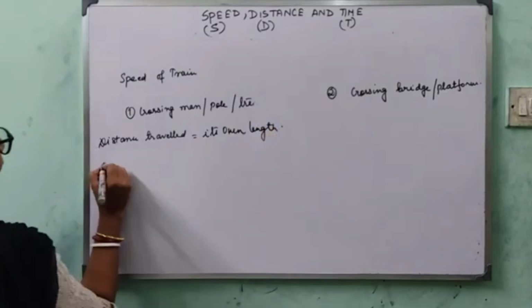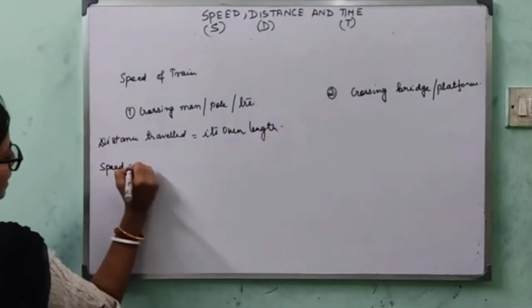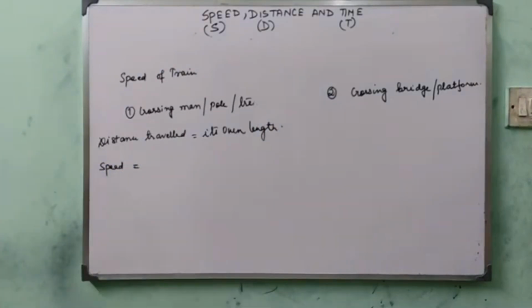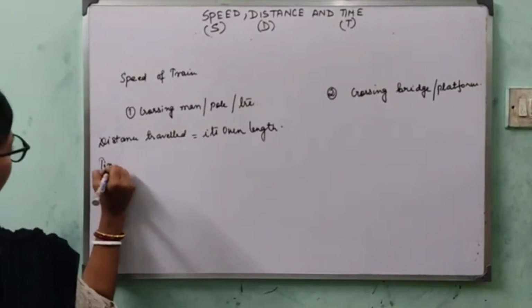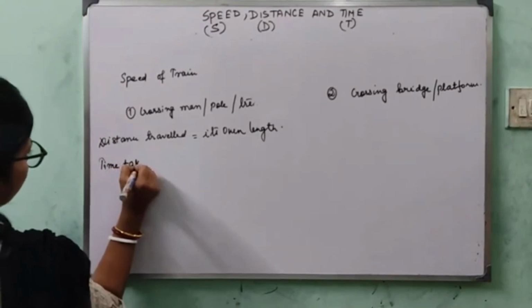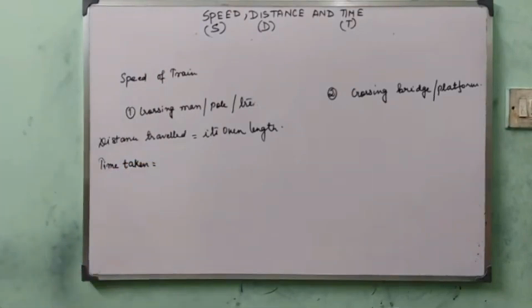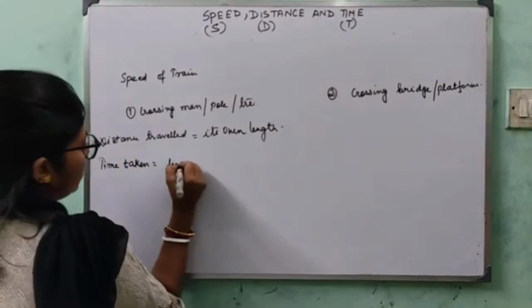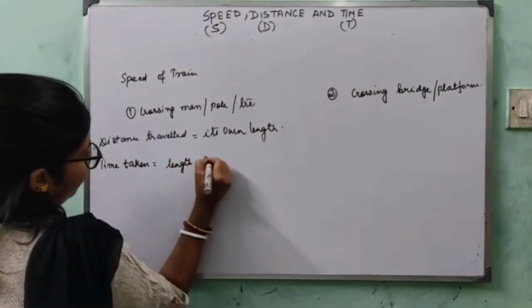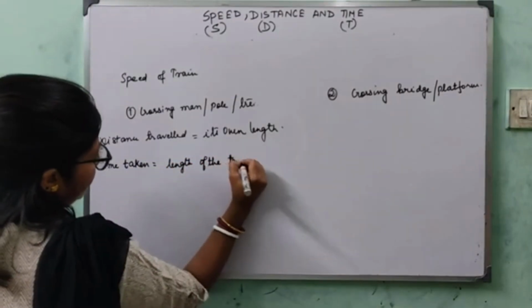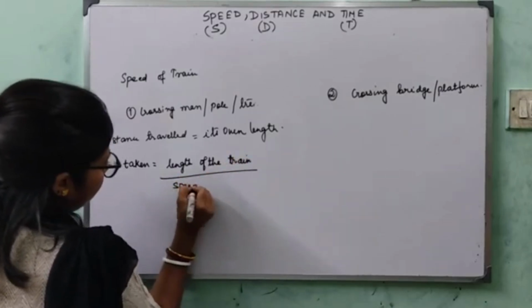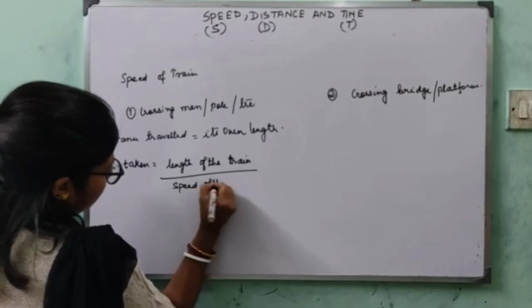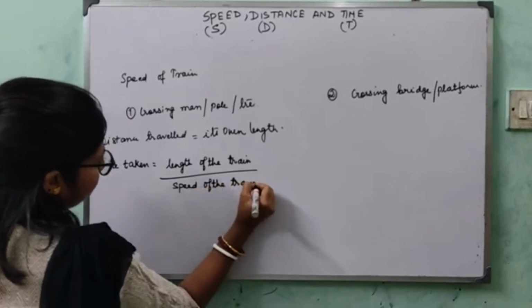So if I have to find the speed, or not speed, the time taken to cross the pole, it will be its own length, that is length of the train, by the speed of the train.